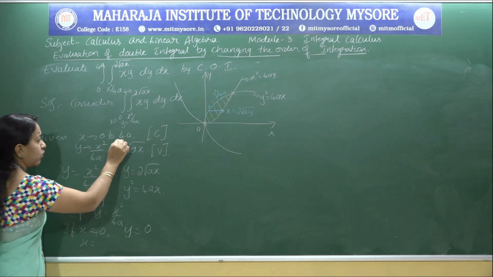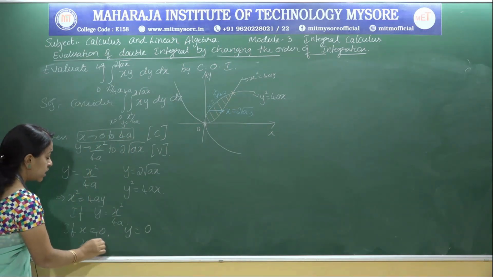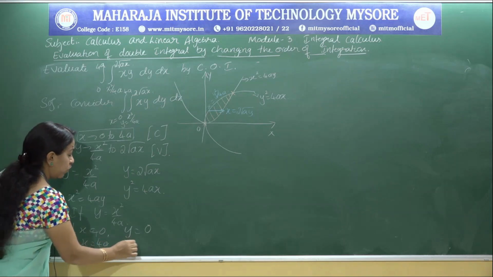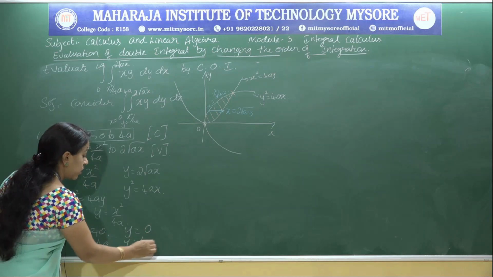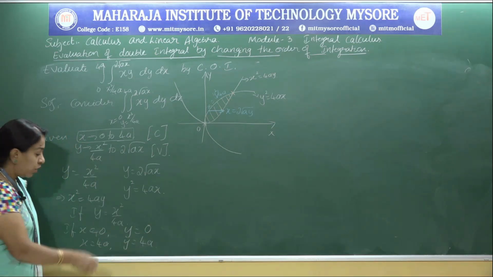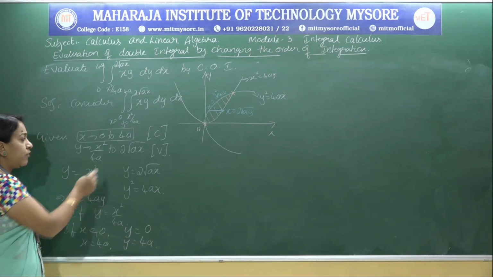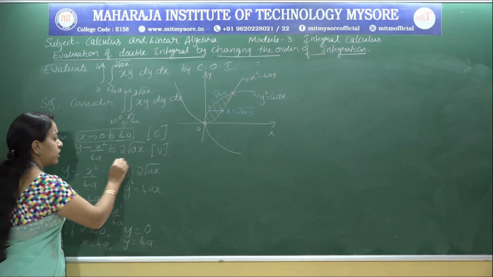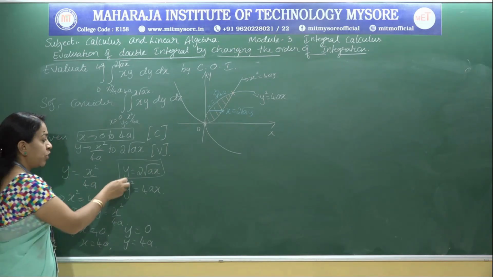If x is another value, 4a, we have x as 0 and x as 4a. If x is 4a, y equals 4a whole square by 4a. I can cancel one time, so I will get 4a. So the points of intersection are (0, 0) and (4a, 4a). Even if you consider the second curve, that is y equal to 2 times of root of ax, you will get the same answer.